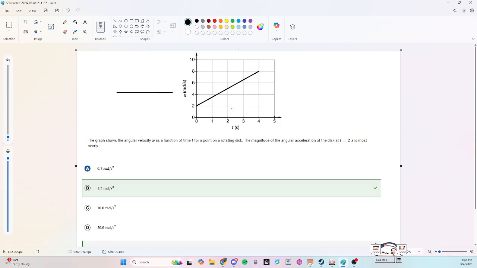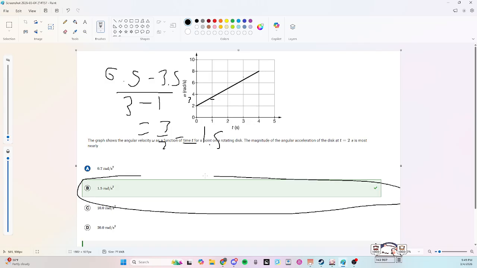So we can just do 3 minus 1, and then here, actually this is 7, this is 6.5, and this is 3, it's like 3.5. So we have 3 over 2 is equal to 1.5, so that's how we get this one.